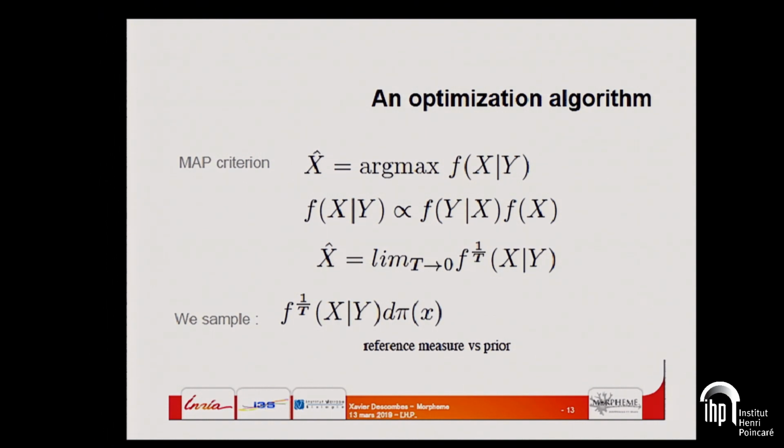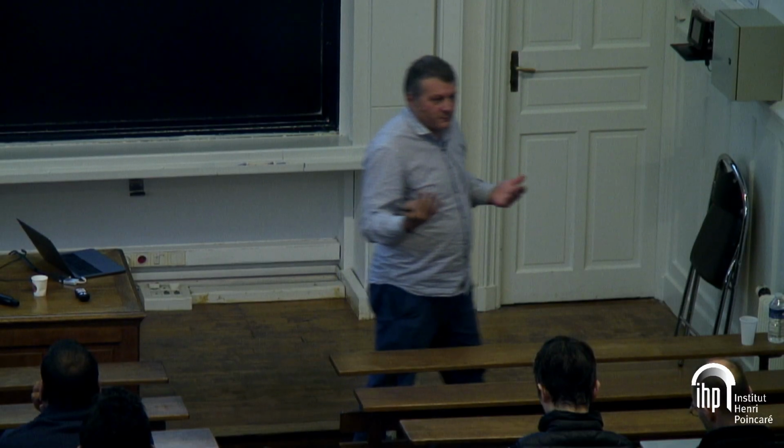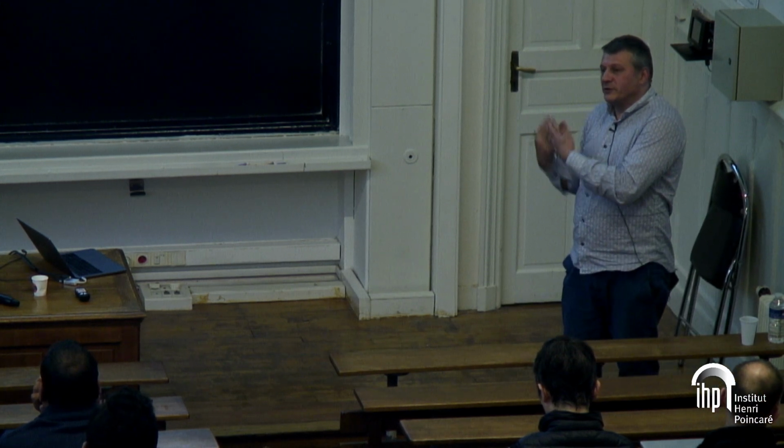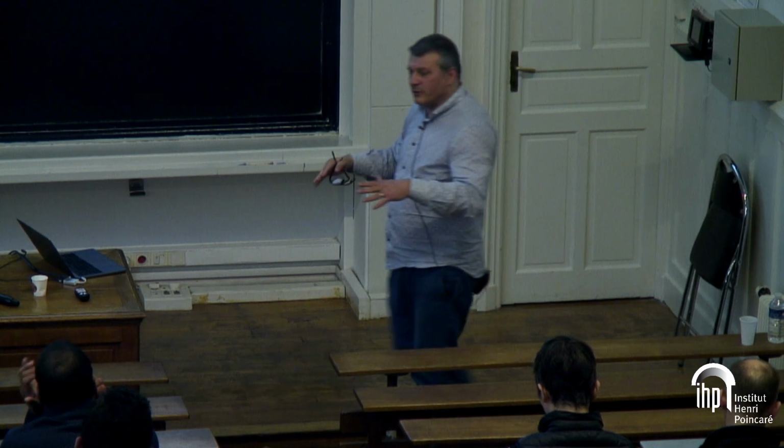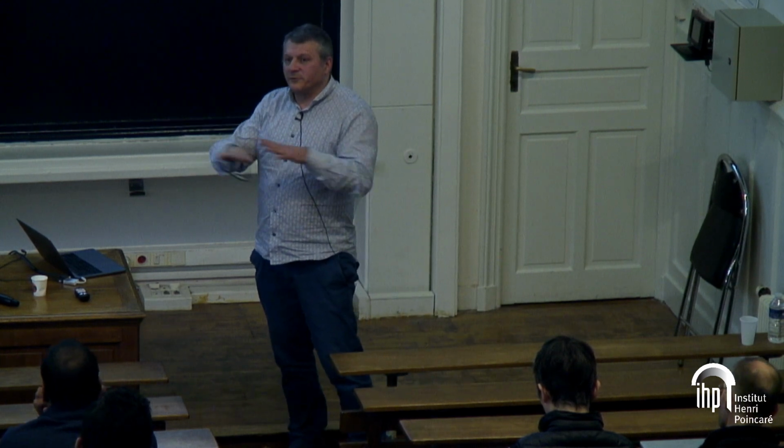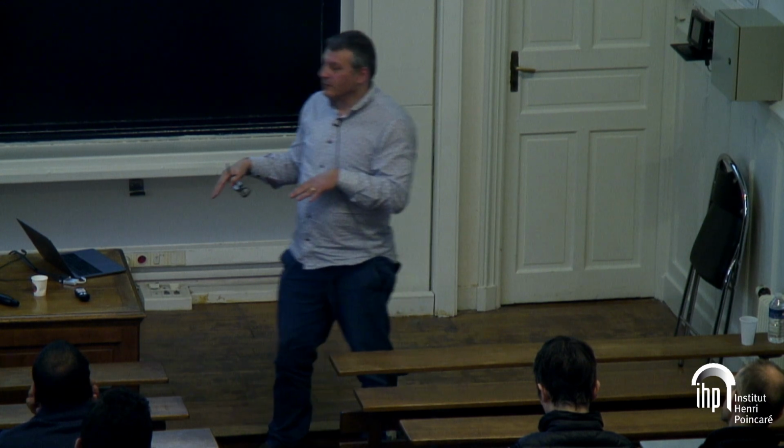If you look a little at this usual way of doing things, at the beginning of your algorithm, when the temperature is high, basically what you are sampling is just your reference measure. Your density has no information because it tends to a uniform density, so you sample your reference measure. It means that if you have some information in this reference measure, you will not sample your configuration space uniformly, but you will focus on specific areas.